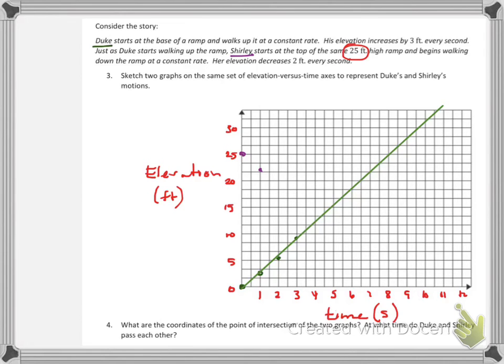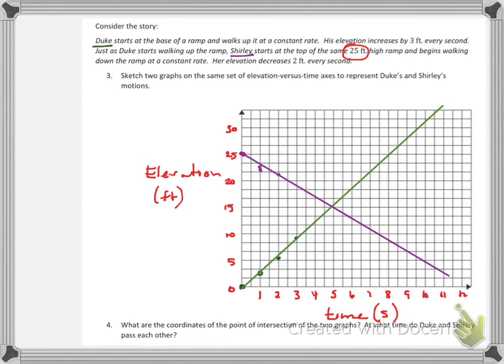After 2 seconds, she's going to be down 4 feet, so about 21, and 21 is going to be somewhere in that area. Maybe I'm a little off on that one. All right, so as long as I've got 2 points, I can draw the line. And when we draw this line, yeah, it looks like it's going to be right in there.